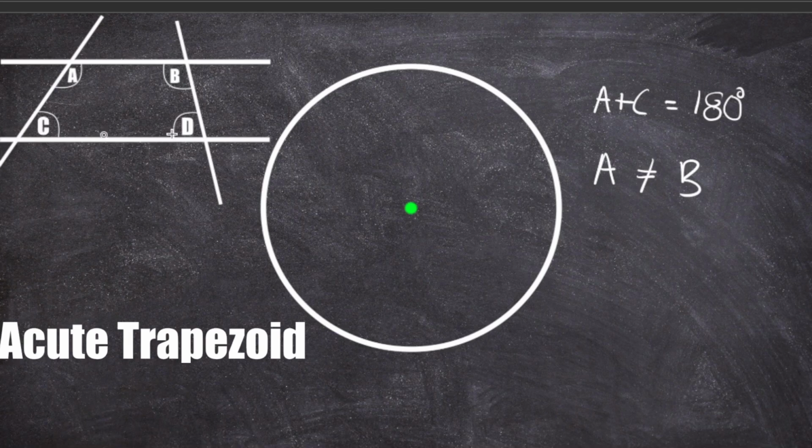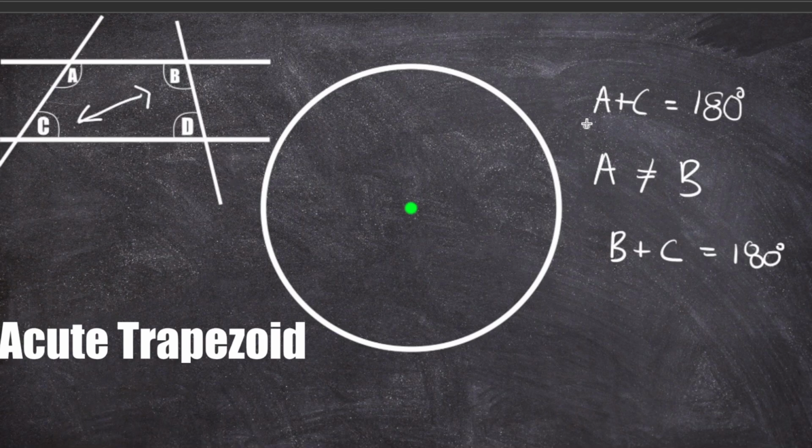Now suppose we don't know if the acute trapezoid is a cyclic quadrilateral and we want to show that it is. Then again we have to show that the opposite angles add up to 180 degrees or are supplementary. Now let's say we believe that B and C, which are opposite angles, are supplementary. Well then that means B plus C must be equal to 180 degrees, and that would prove that this is a cyclic quadrilateral.